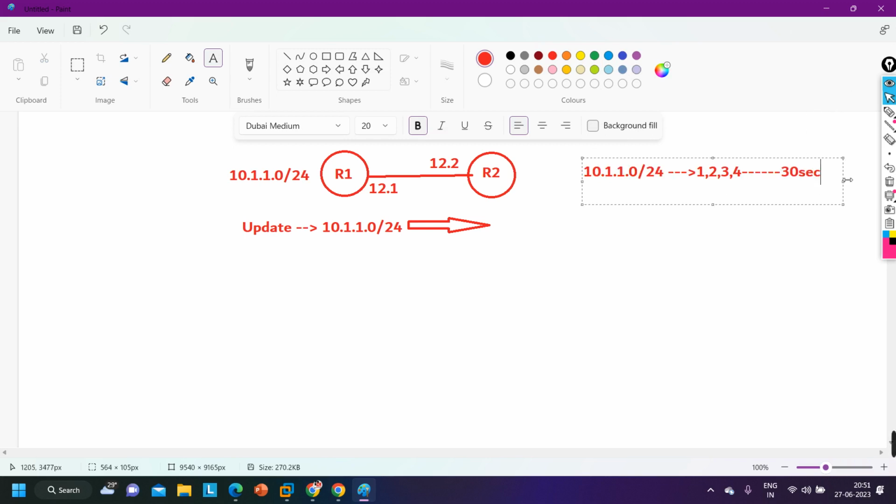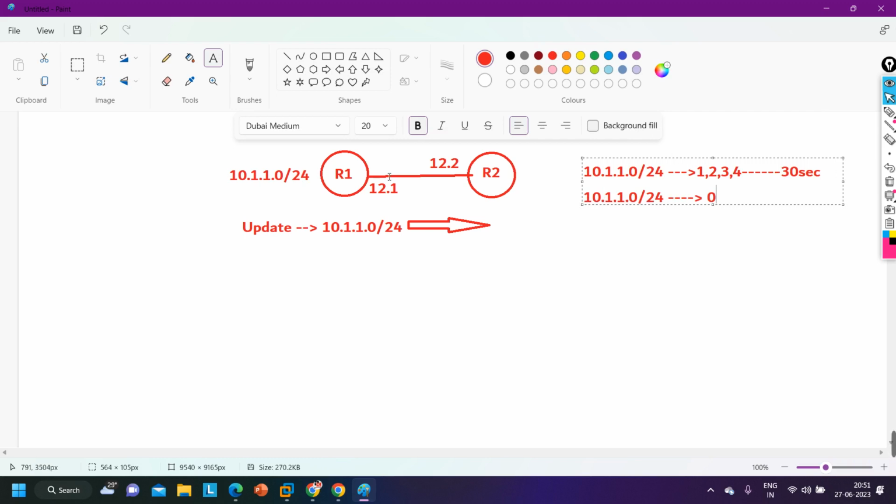Again the timer will reset to 0 seconds. Once it receives the update message, this timer will reset to 0 seconds.